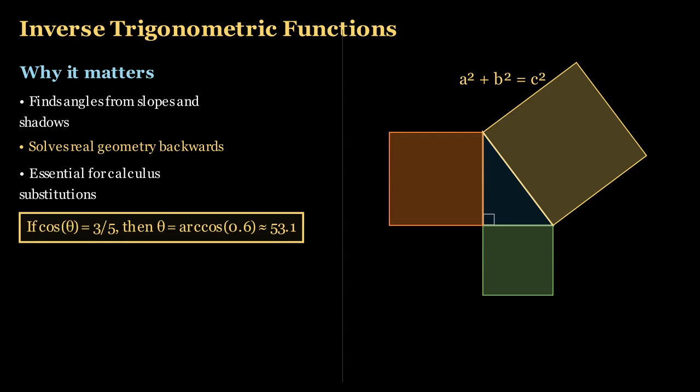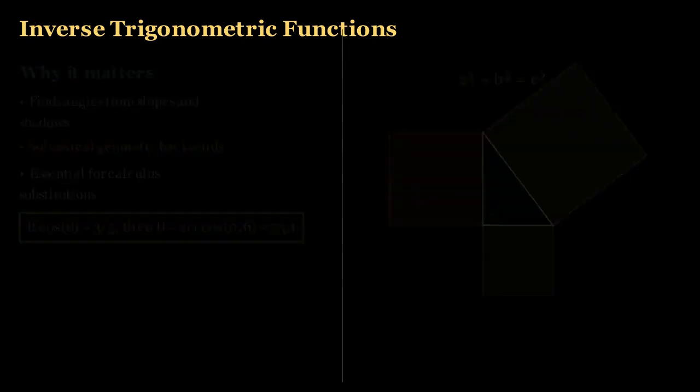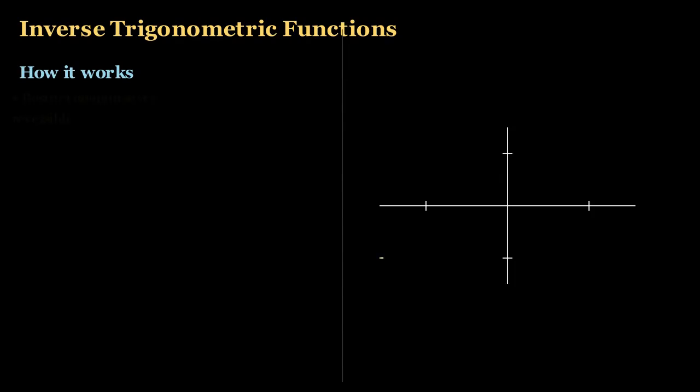A trig function like sine takes an angle and gives a ratio, but many angles give the same sine. Sine of 30 degrees and sine of 150 degrees are both 0.5. To make an inverse that's a proper function, we must restrict the original sine to a piece where every ratio comes from exactly one angle.